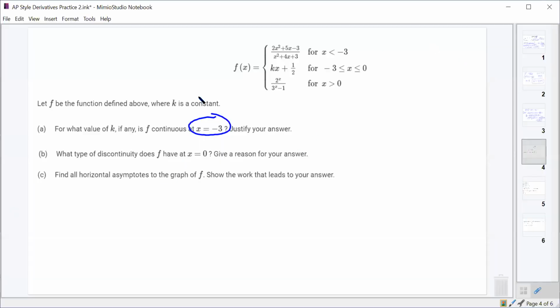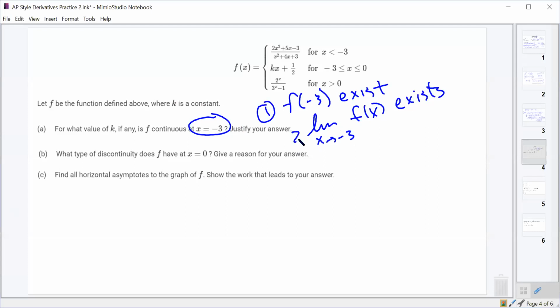So we're talking about continuity at a point, looking at if f is continuous at x equals -3. So there's 3 criteria for a function to be continuous at a point. 1 is that the function needs to exist at that point. 2, that the limit as x approaches that x value needs to exist.